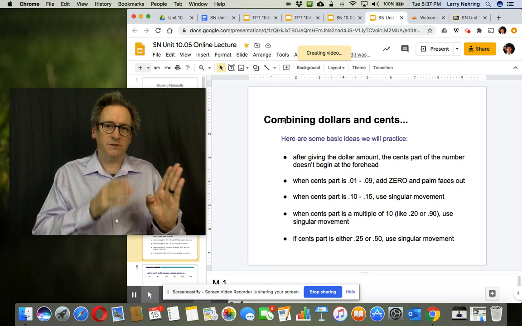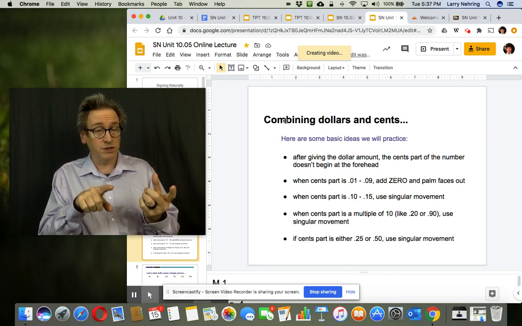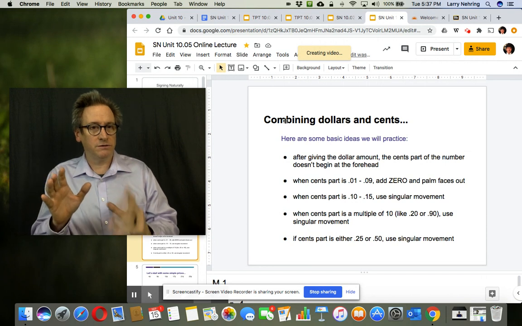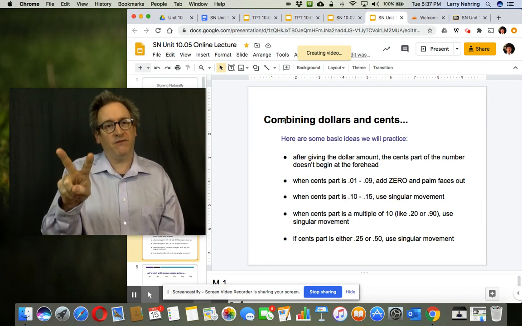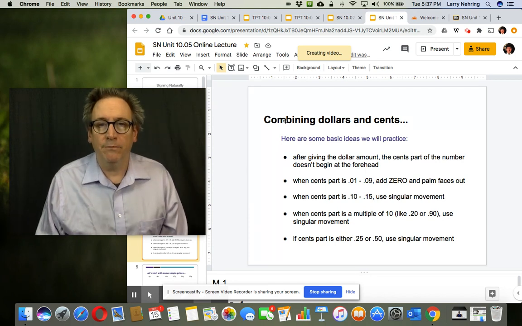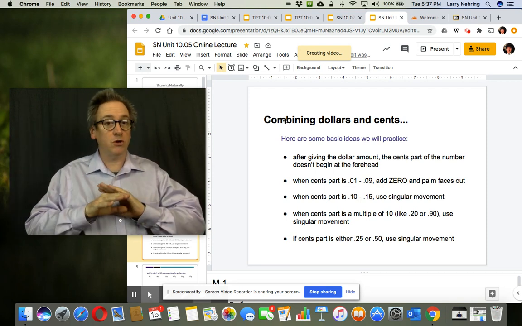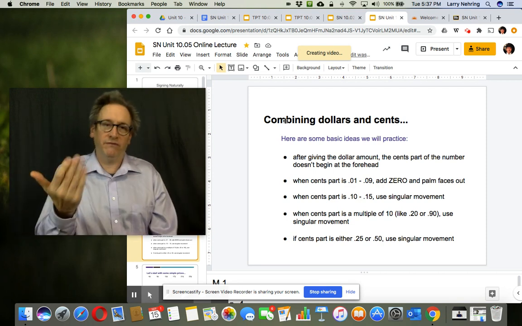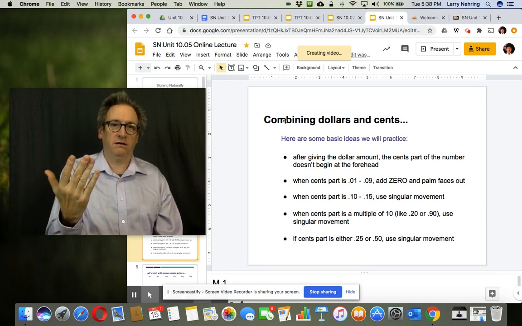If the cent part is 1 cent to 9 cent, you're going to want to do the zero first, same as we did for years. So like 1902, 02, 09, 08. If the cents part is 10, 11, 12, 13, 14, 15, you don't have to repeat it, like $1.15.